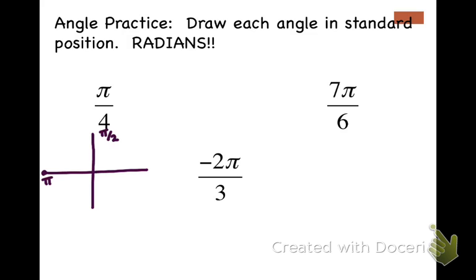And then to get to that southern point, I want to add another pi over 2. So every fourth of a turn is pi over 2. Every 90 degrees is pi over 2. So that gives me 3 pi over 2 down at the bottom.